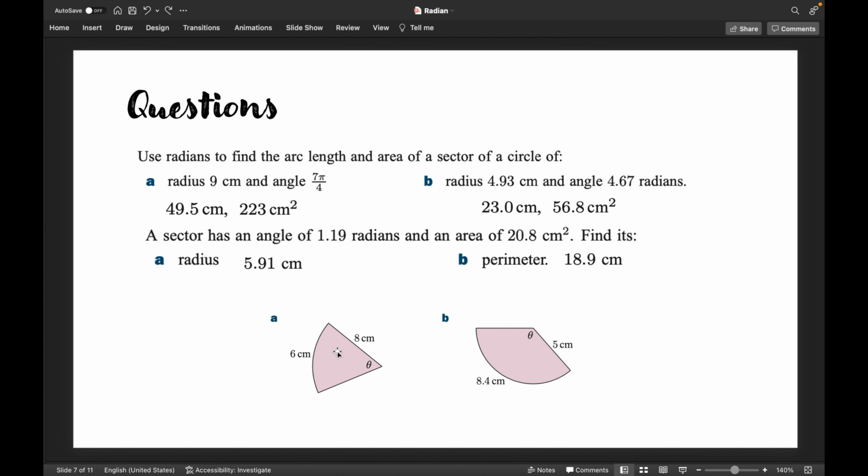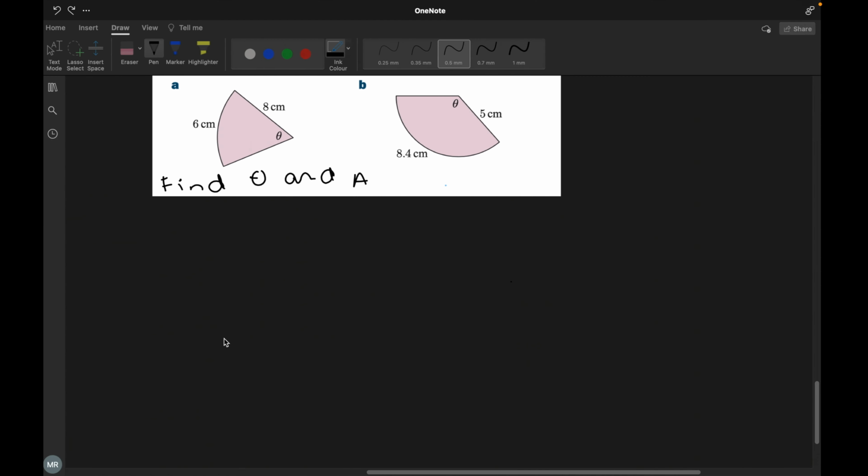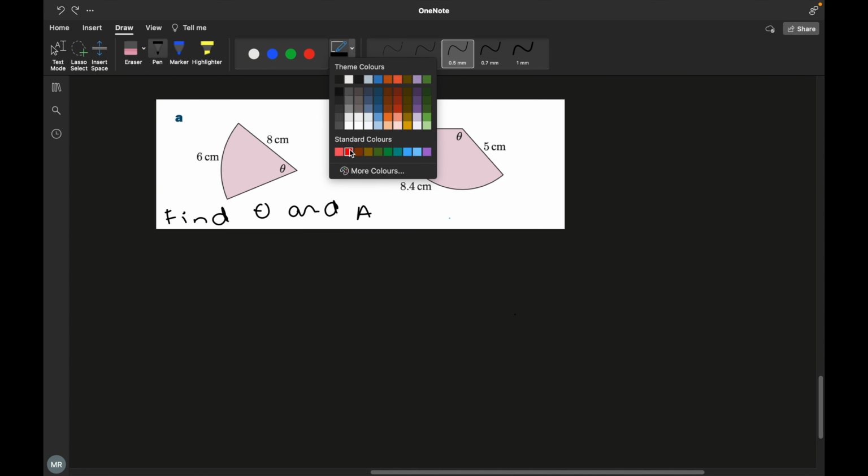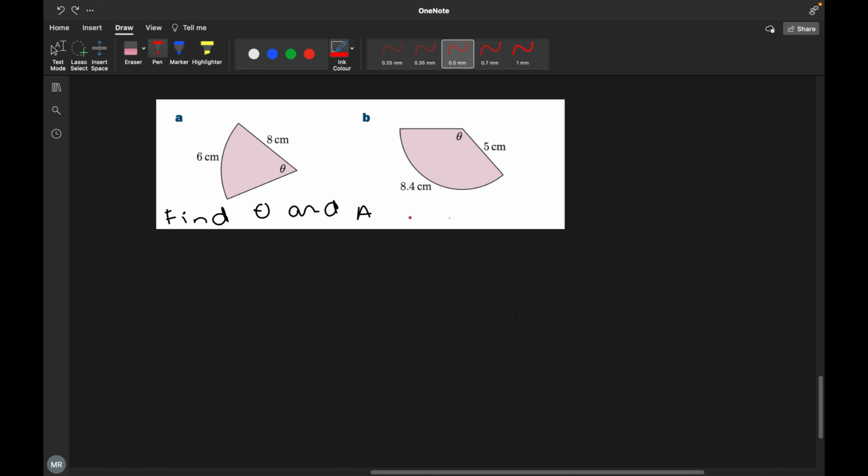Let's solve the final question. So we have to find theta and A, which is area. Okay, so we know the arc length, we know the radius. So we put in the values here. So 6 equals theta into 8. So theta would be 6 by 8, which is 3 by 4 radians.